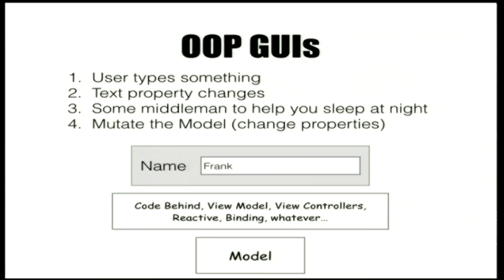You might call it code behind, view model, view controllers, reactive, binding. We have all these little things to help you sleep at night so that you say, I'm not changing anything in my button handler. I'm not. But you are. That's like IOC people saying, I don't use global variables. So eventually the middleman then mutates your model. That's GUIs. I like to call this the mutant love zone.